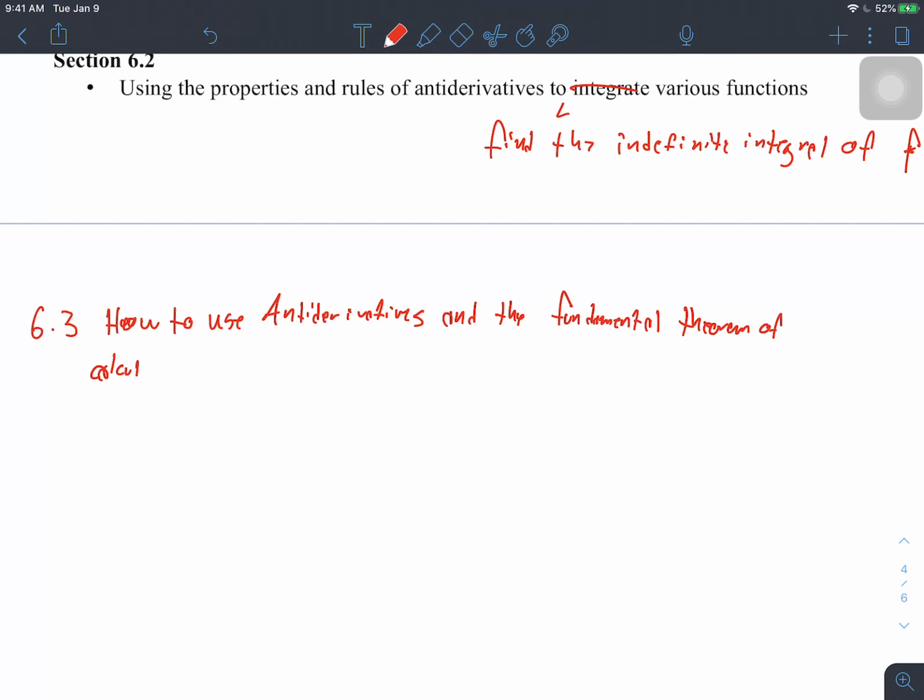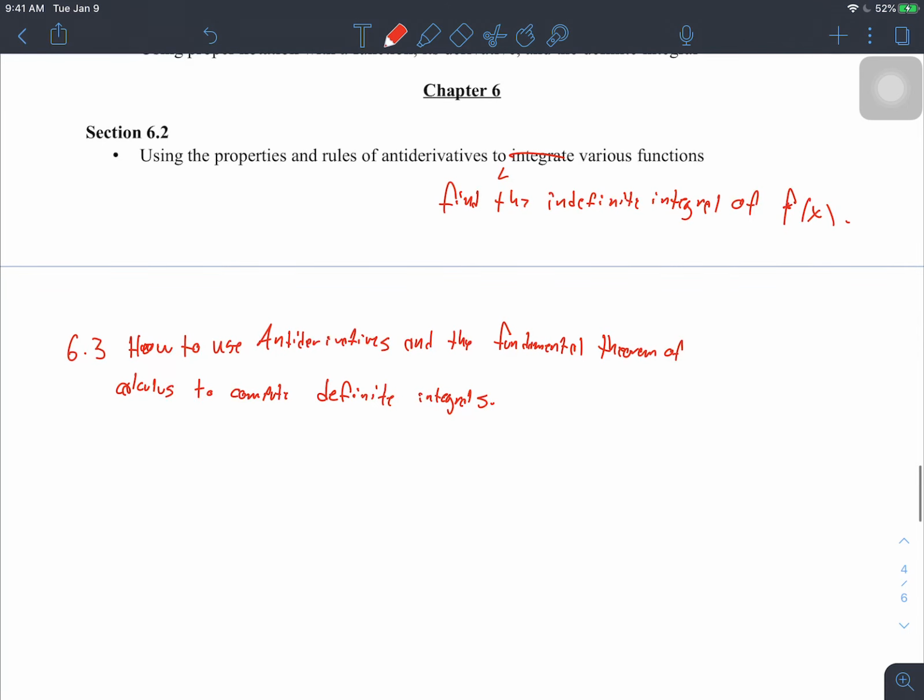Not such good kerning on that. And the fundamental theorem of calculus to do what? To compute definite integrals. And we should know the difference between an indefinite integral and a definite integral.